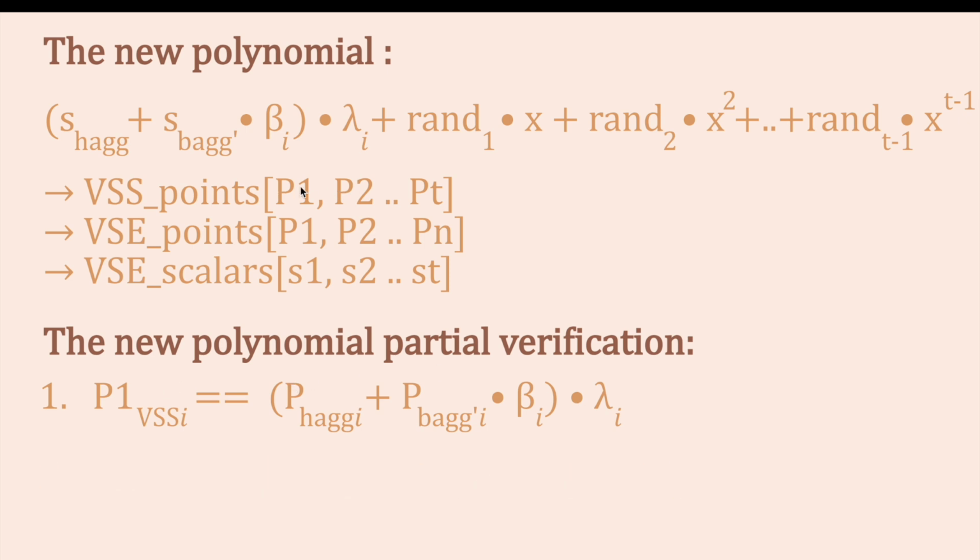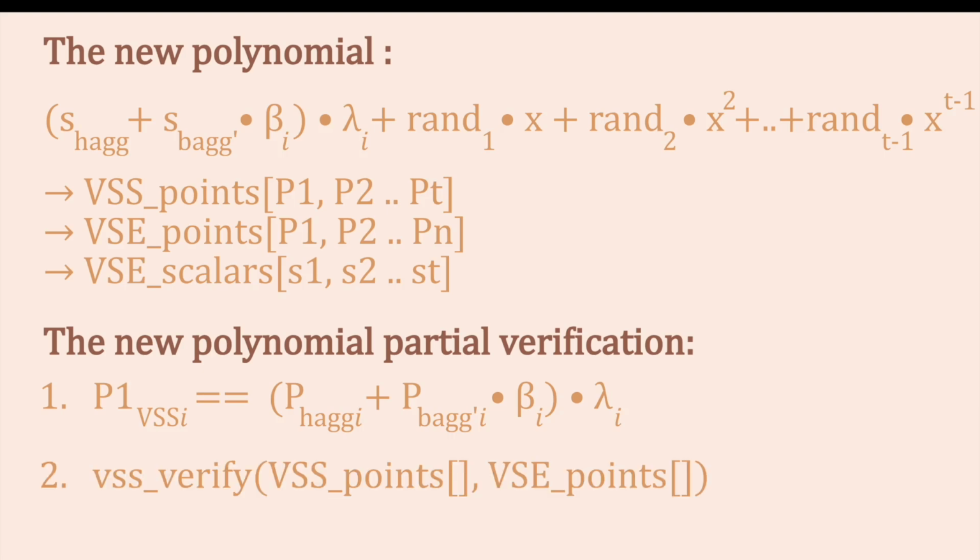If it's equal to P1, because P1 is the constant term of this new polynomial times G, and if it's equal to the public hiding aggregate of the group secret plus the binding aggregate of the group secret times B times Lagrange, then anyone can verify that this new polynomial is valid.